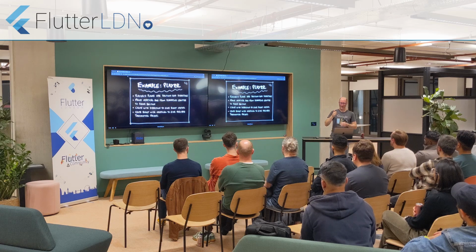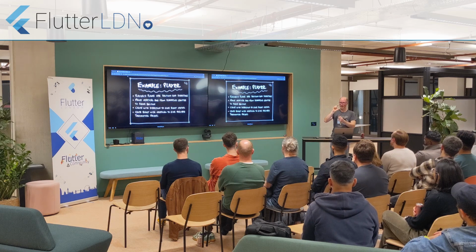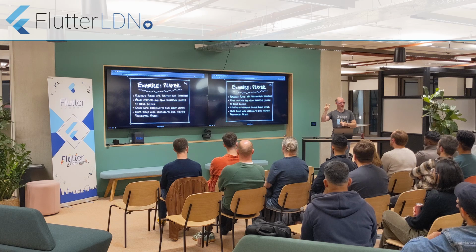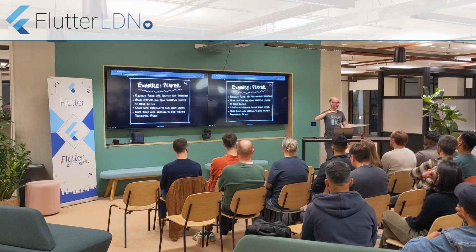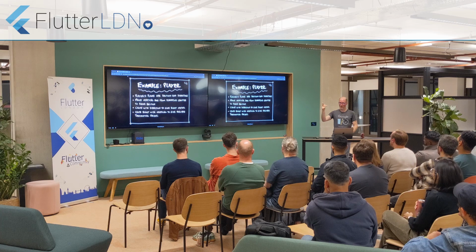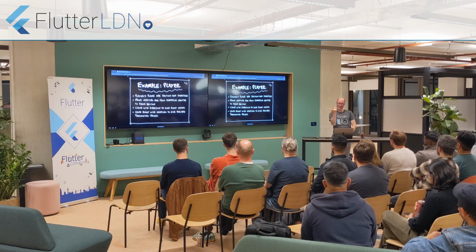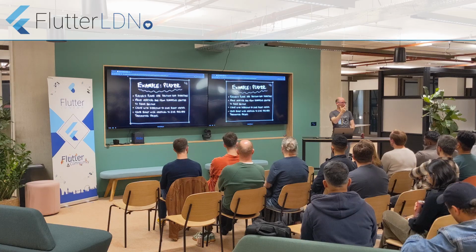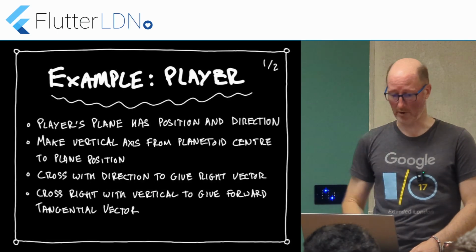If we have a forward vector, where the ship is pointing, then we can take the cross product of that with the up vector and get a right vector. Cross those two together and we get a forward vector that is guaranteed to be tangential to the surface of the planet. So we've got an X, Y, and Z that is rotated at the right angle to put our ship into the right orientation on the planet.